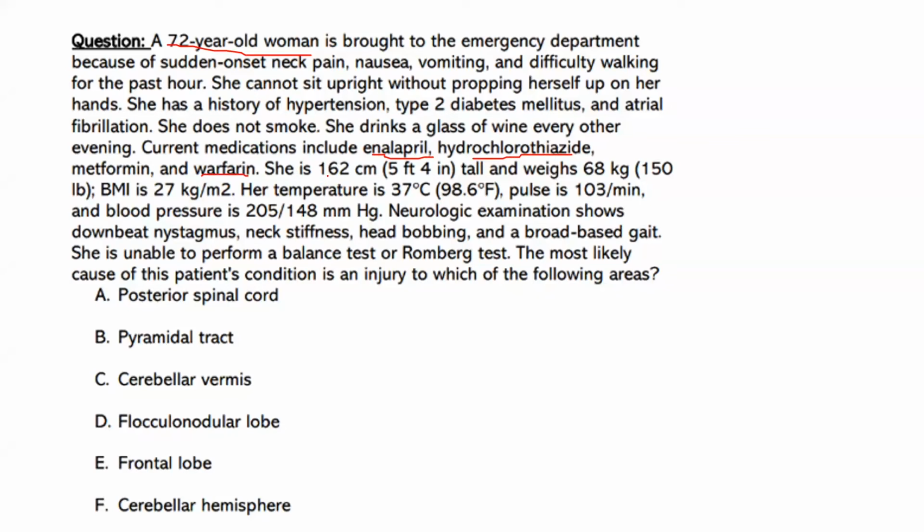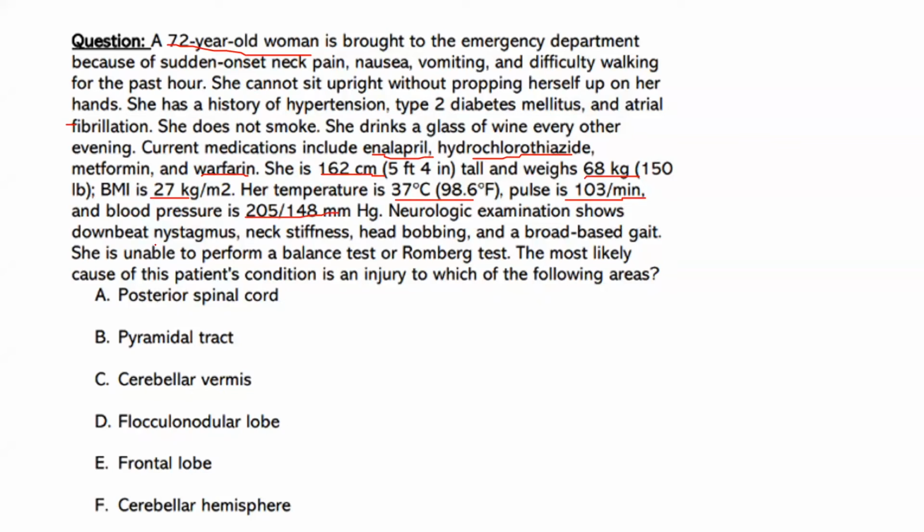All right, lovely. So diabetes and hypertension medications, as well as warfarin for the AFib. She's 162 and weighs 68. She's mildly overweight. Her temperature is 37 degrees. Her pulse is 103. Her blood pressure is very high.